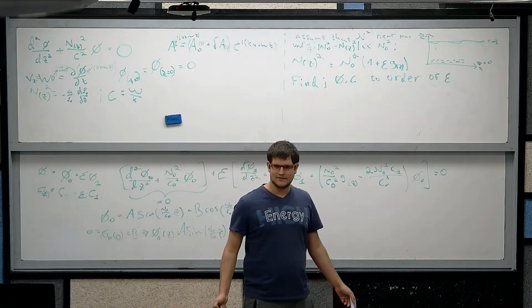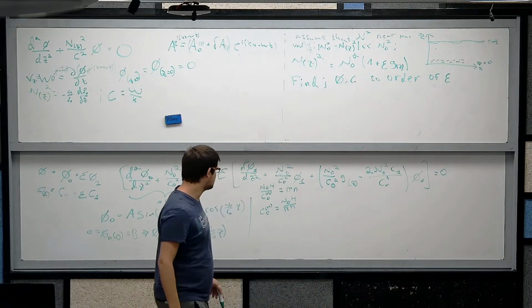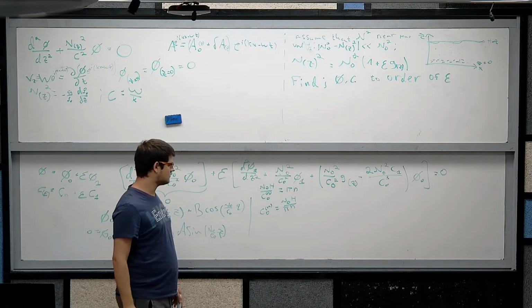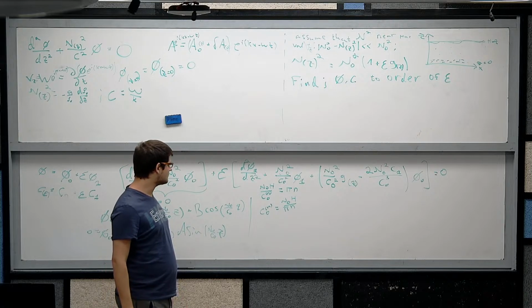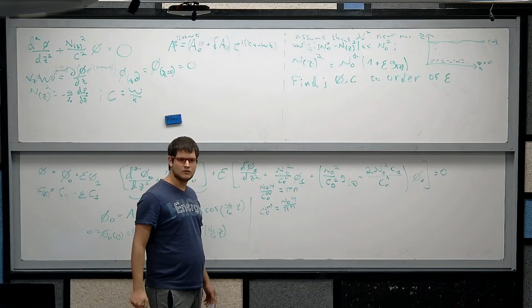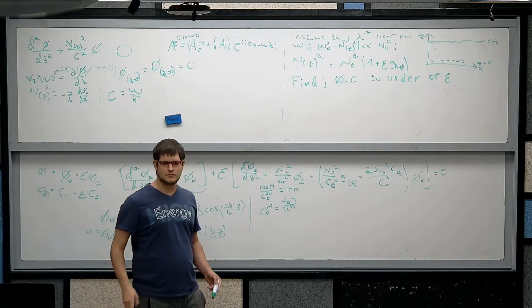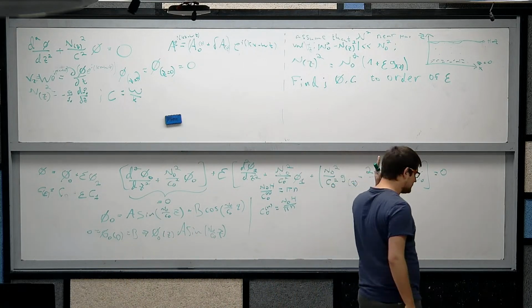Wait, n starts with 1? N starts with 1 because if n is 0, c0 is exploding, right? How can that be 0? Of course it cannot be 0. n cannot be 0.